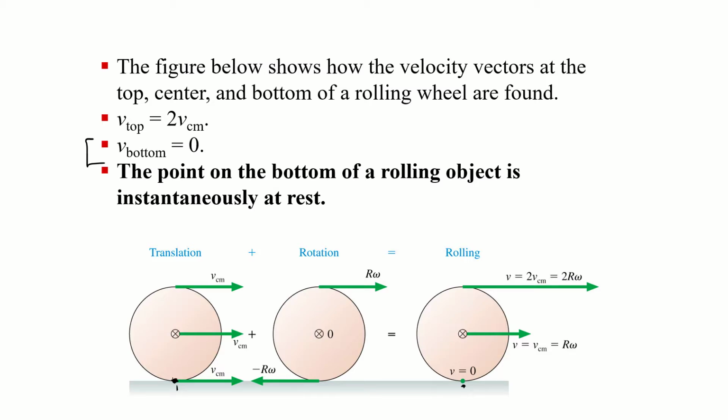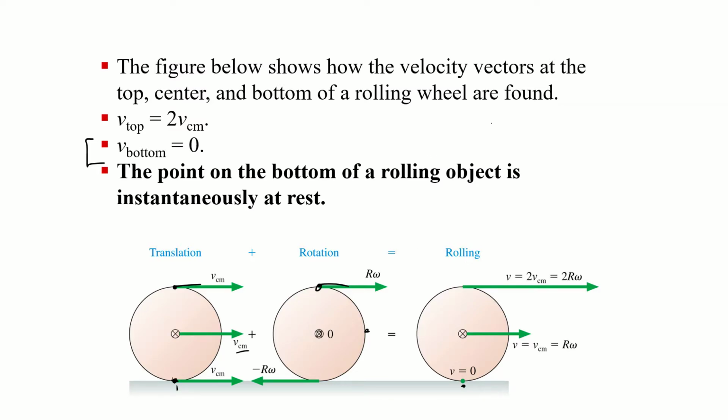However, the center of mass has some velocity v center of mass. The top of the wheel has to go faster than the center of mass, because later on, this point is going to be over here. It has to go further than the center of mass did to get there. The top is going faster.